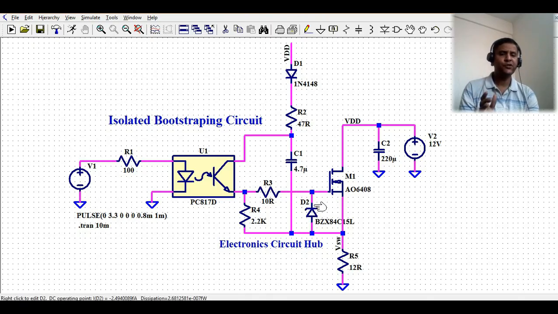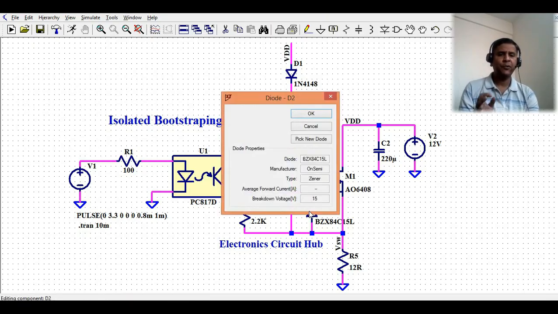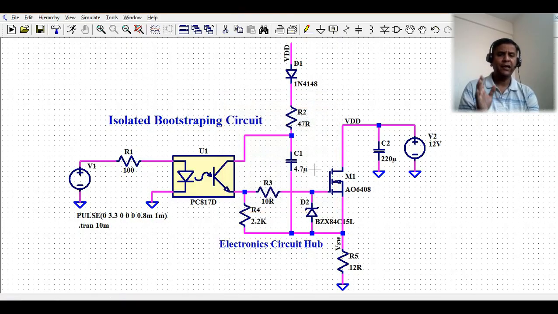D2 is a Zener diode with a breakdown voltage of 15 volt, and I'm using it to limit the gate to source voltage of your MOSFET to protect the MOSFET gate.